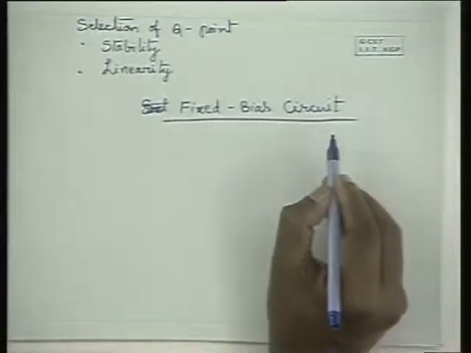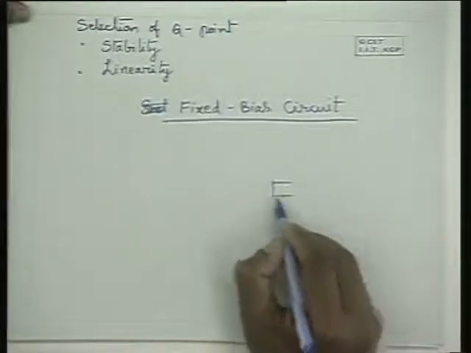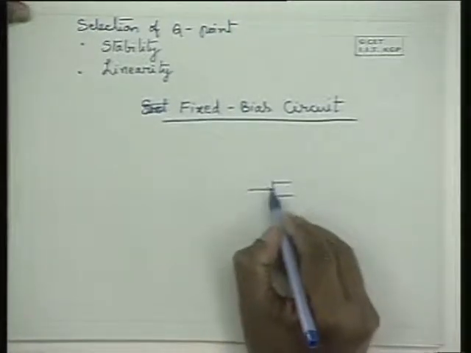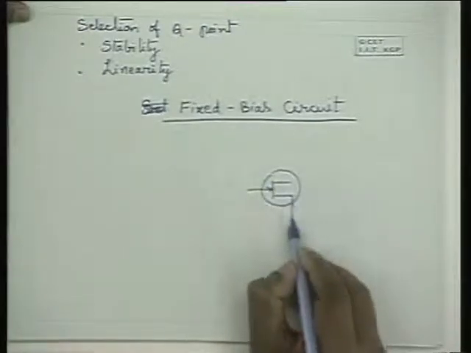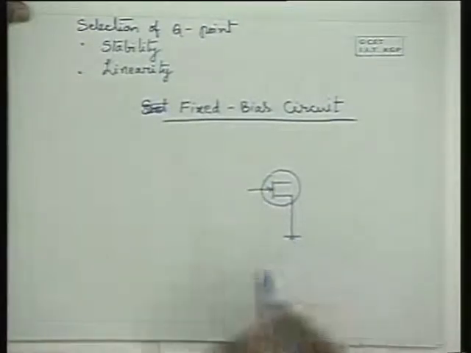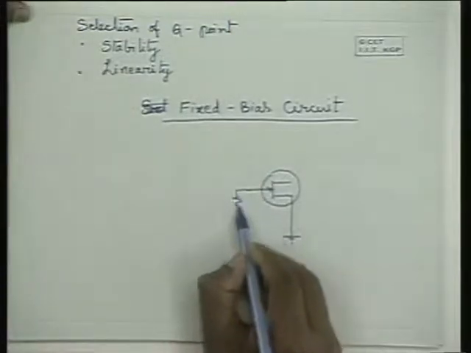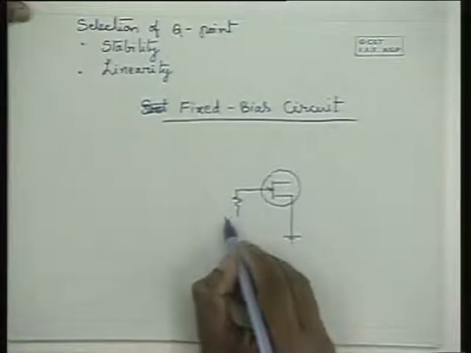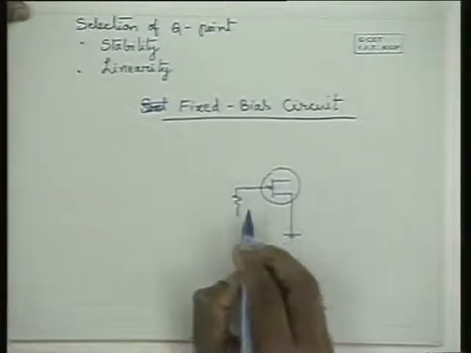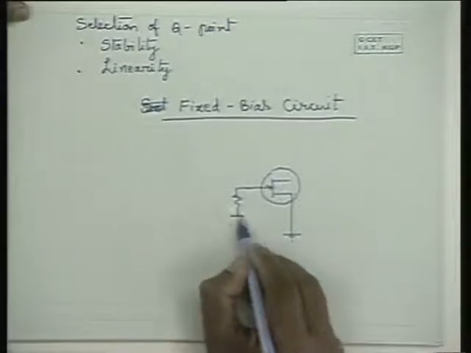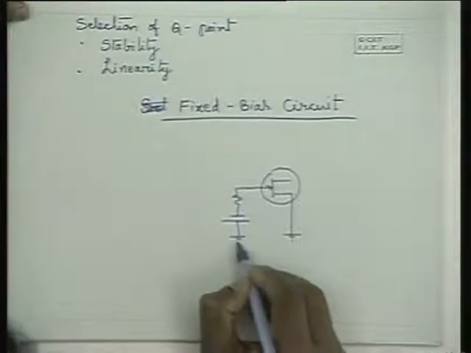In the fixed bias circuit, we operate the JFET directly by applying some fixed biasing to it. It needs some gate potential, the gate junction has to be reverse biased with respect to the source. So we apply a source here. Using a source, we apply some bias here.